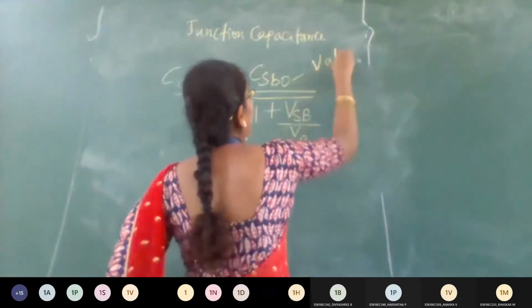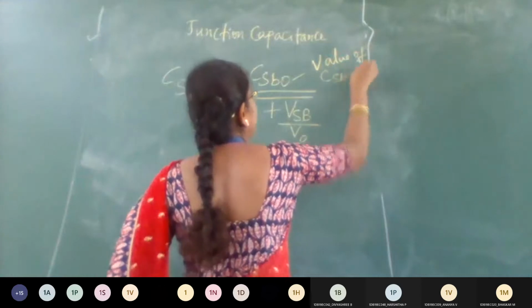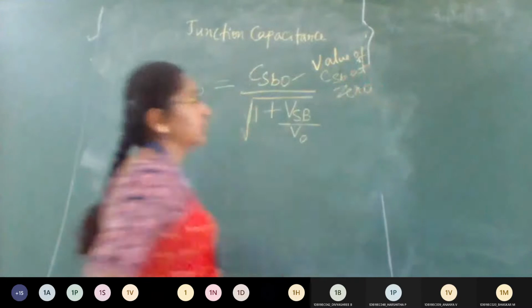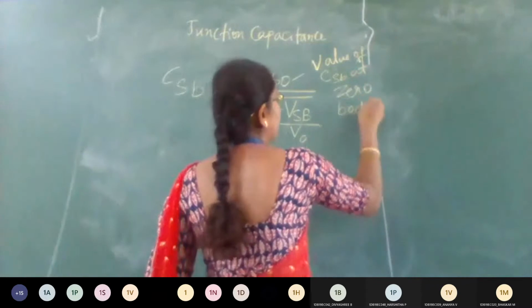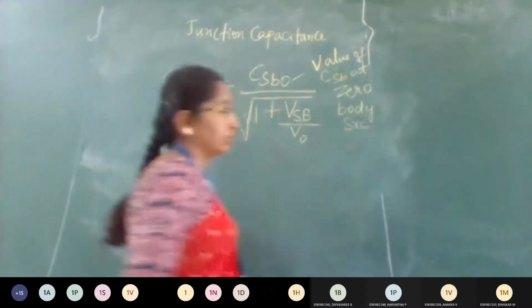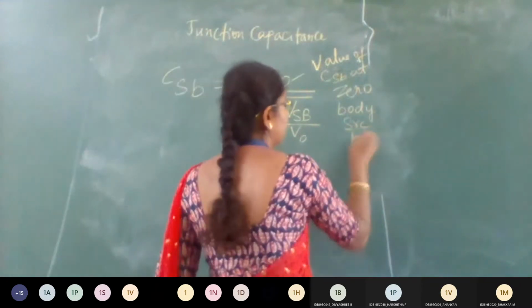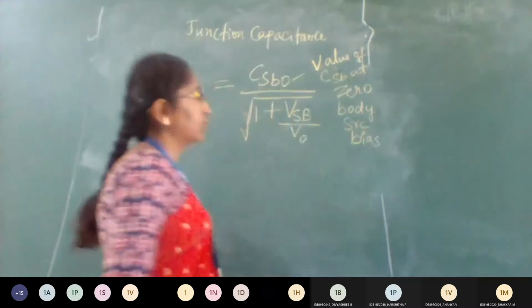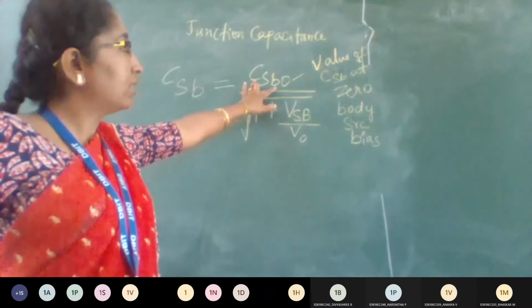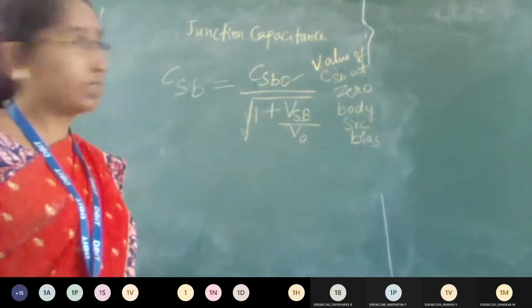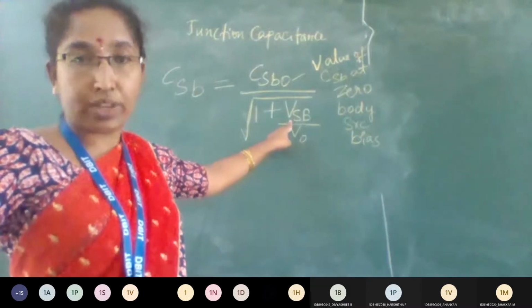So CSB0 is at zero body source bias. Coming to VSB, it is the magnitude of reverse bias voltage.